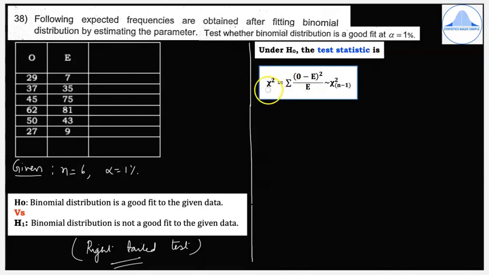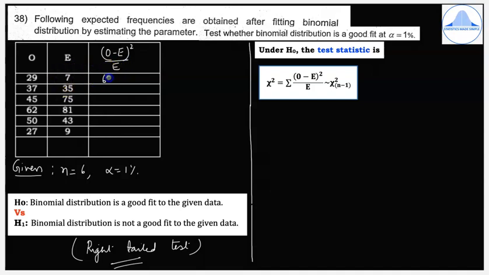The formula under H naught: the test statistic is chi-square equal to summation of (O minus E) whole square by E, which follows chi-square with n minus 1 degrees of freedom. It is very simple. Just form the column (O minus E) whole square divided by E. It is 29 minus 7, and whatever value you get, you square it and then divide by 7.